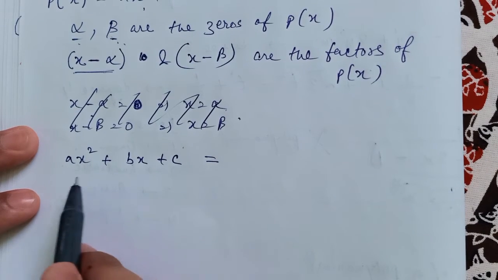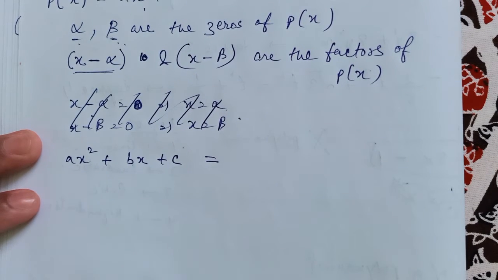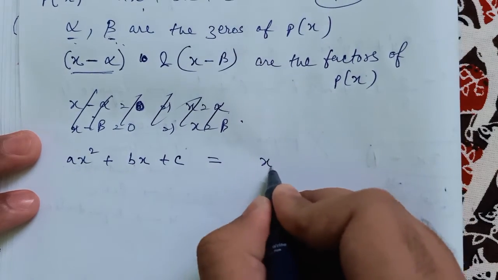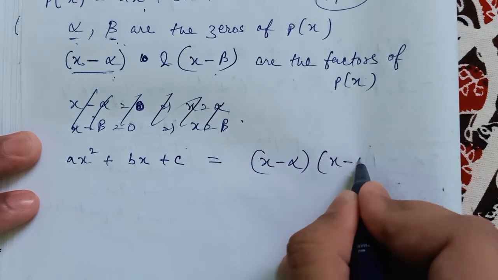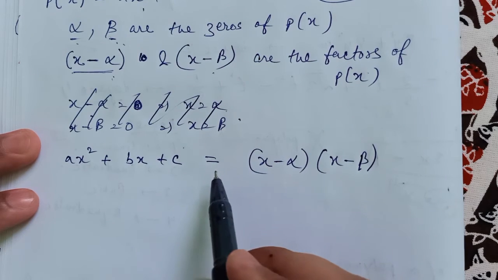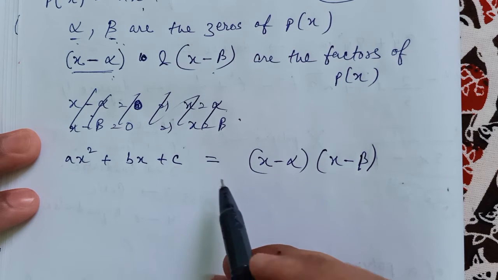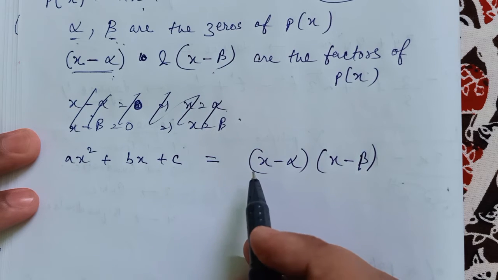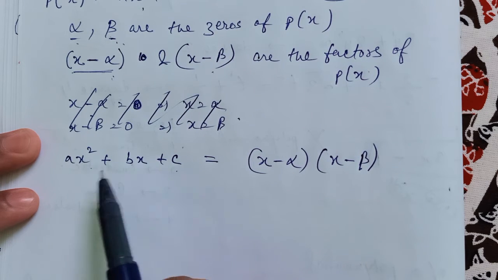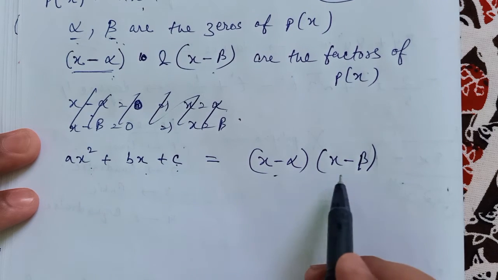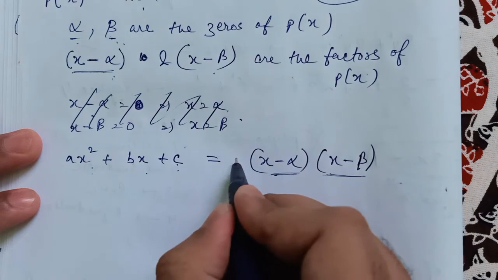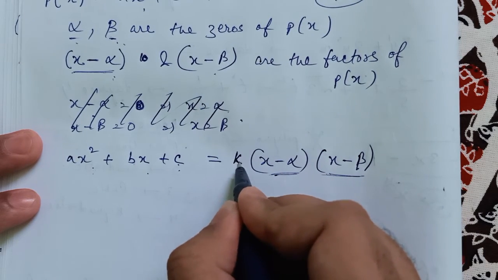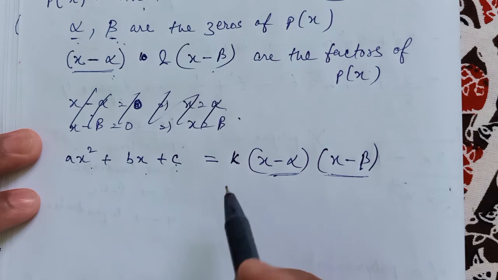So you have this general form of the polynomial. If you factorize this, what will be the result? I'm talking about middle term factorization. I hope you remember middle term factorization that you learned in your junior classes. In quadratic polynomials we used to do the middle term split. If you factorize by the middle term, you get the factors x minus alpha and x minus beta, along with a constant k, where k is any real number.